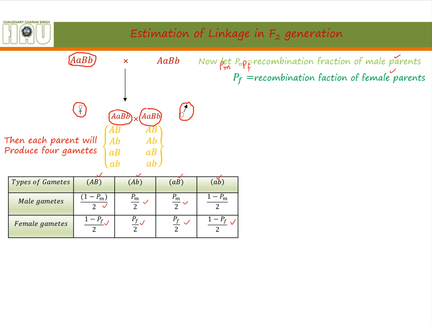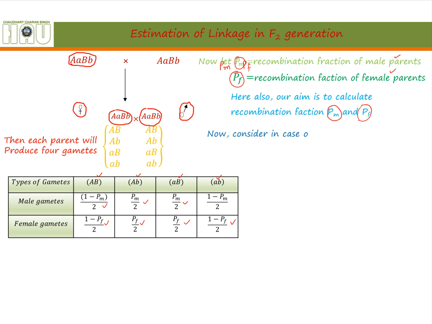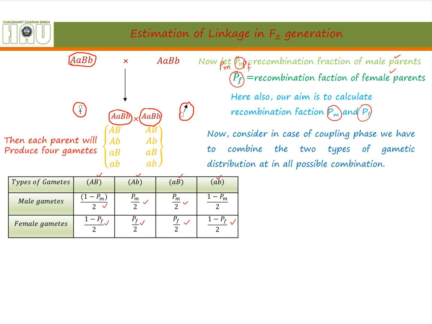Here also our aim is to calculate the recombination fractions PM and PF. So for this, let us consider a case of coupling phase. In case of coupling phase, we have to combine two types of gametic distribution in all possible combinations.